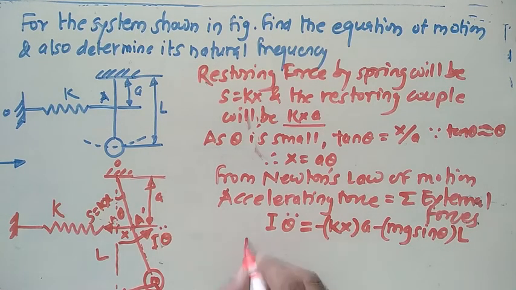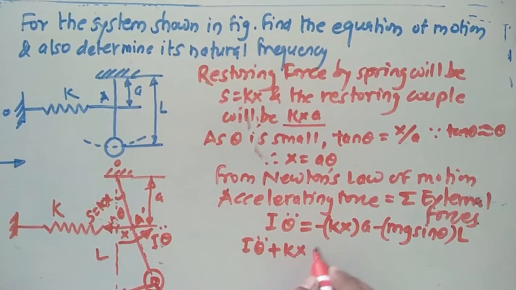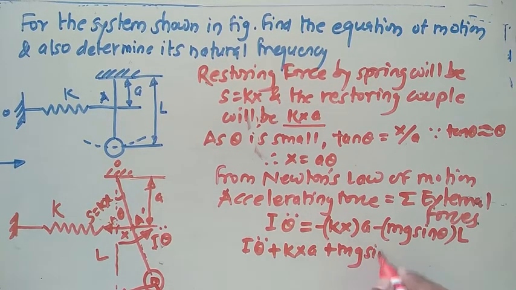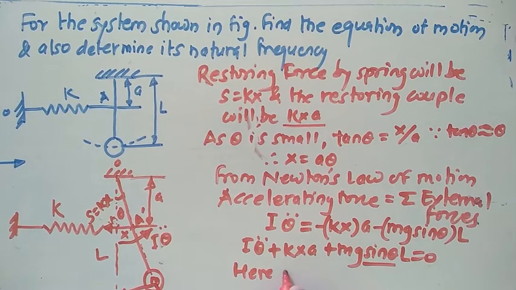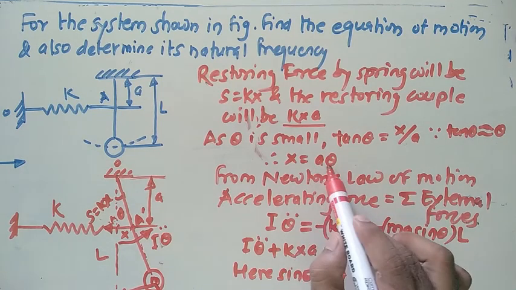Now rearrange this equation so that we can compare it with the SHM equation. Before that, try to bring this equation into one variable. Here sin theta is very small, so consider sin theta as nothing but theta. Once again we know x is nothing but a theta.